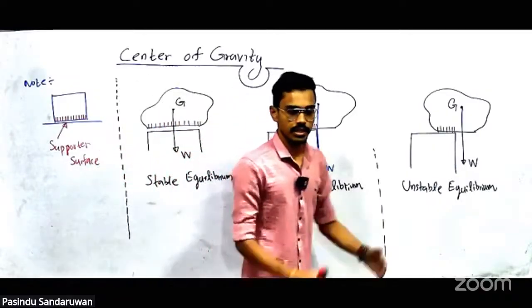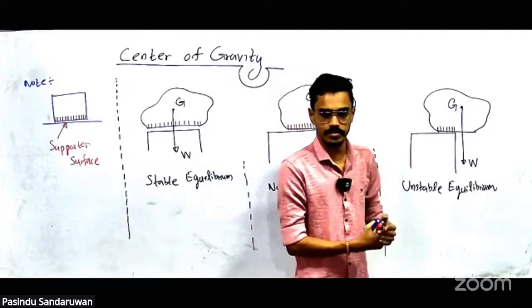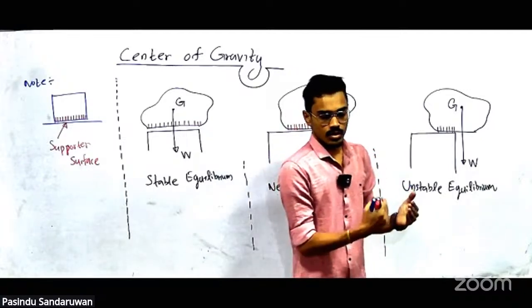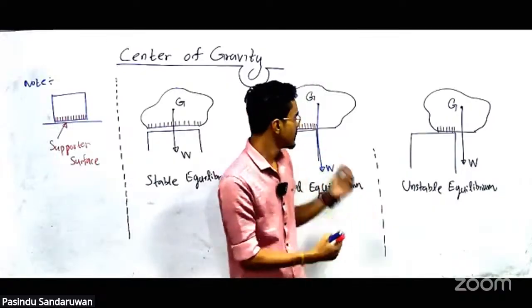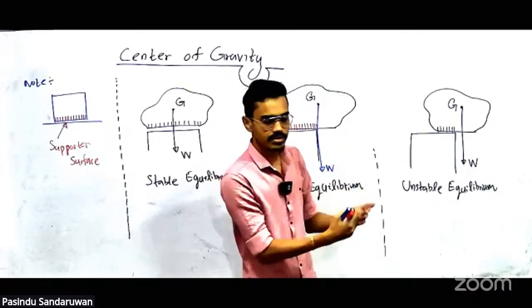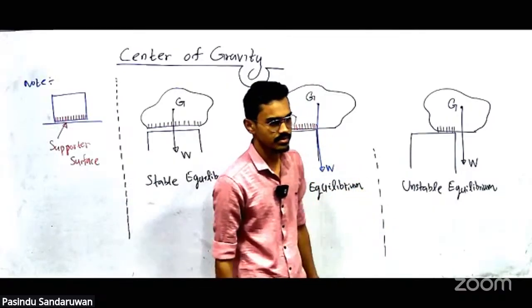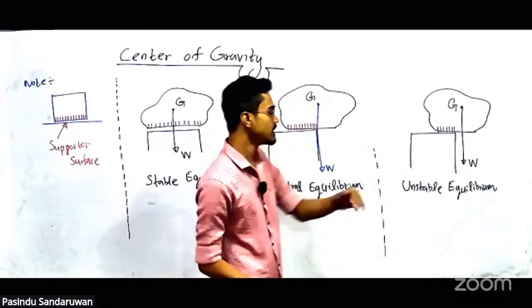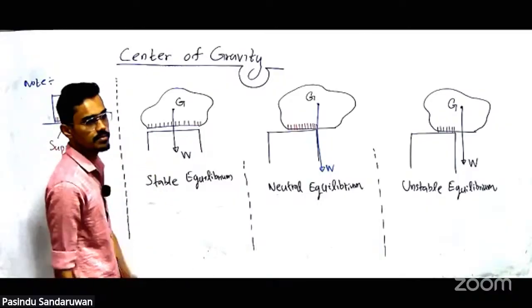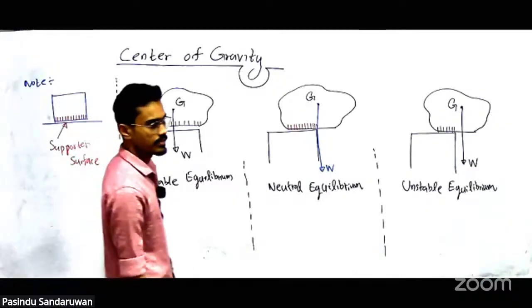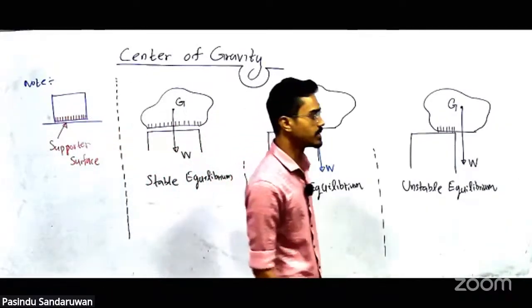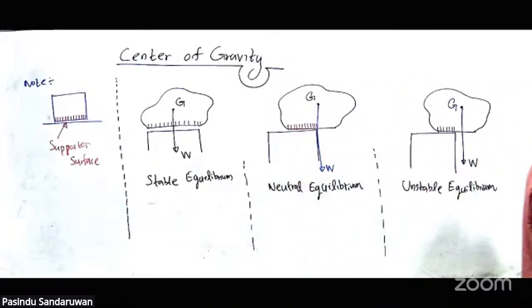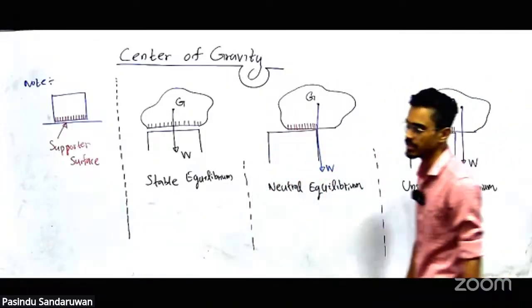In neutral equilibrium, there is a last point of stable equilibrium. If your center of gravity jumps a bit to the other side, it becomes unstable. So usually when we keep something in equilibrium, we always keep it in stable equilibrium, if we don't have any special requirement.